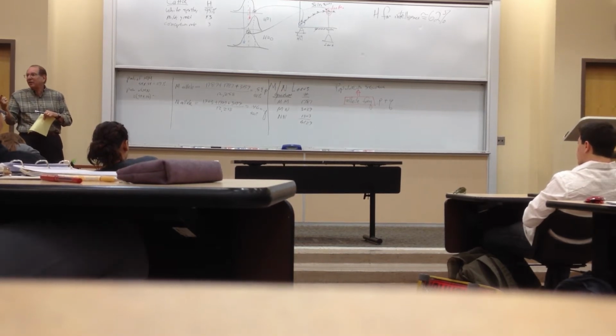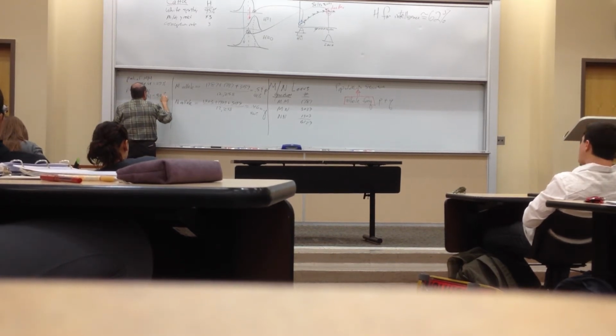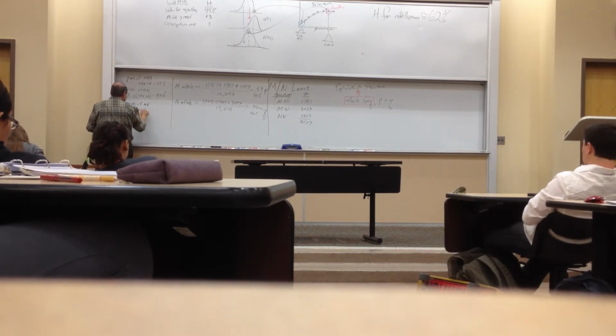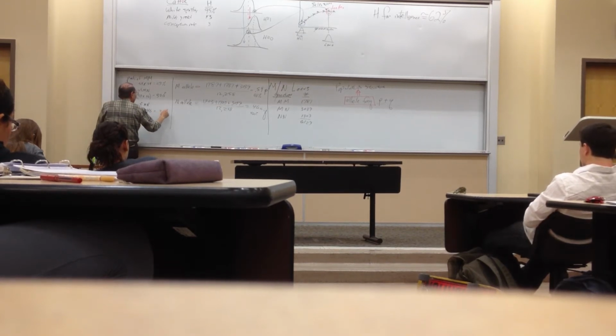Everybody agree? So you have to multiply that by 2. That comes out to 50%, and then the probability of NN is 0.46 times 0.46, which comes out to 21%.